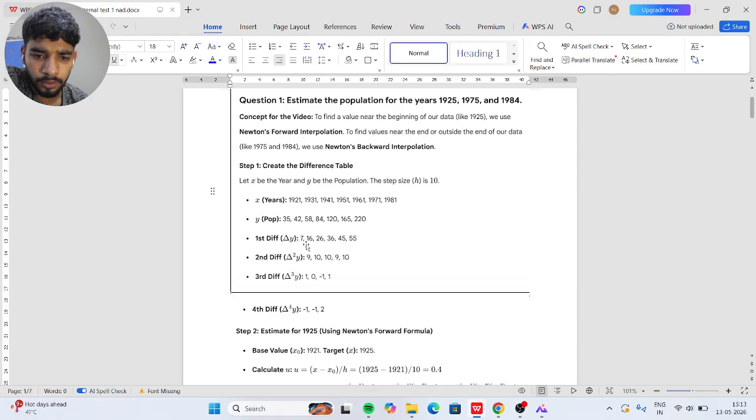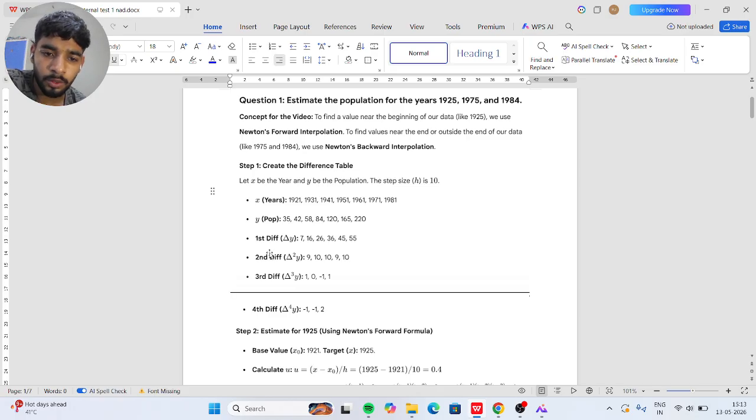It came as 7, 16, 26, 36, 45, 55. The first divided difference is calculated by subtracting: 42 minus 35 gives 7, 58 minus 42 gives 16, then 84 minus 58 gives 26, then 120 minus 84 gives 36, and 165 minus 120 gives 45, and at the end, 220 minus 165 gives 55.